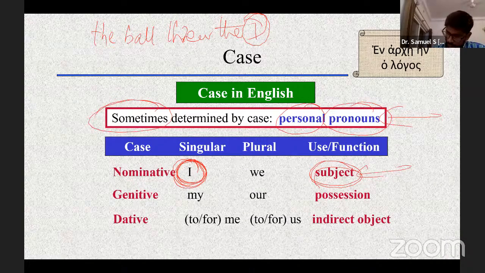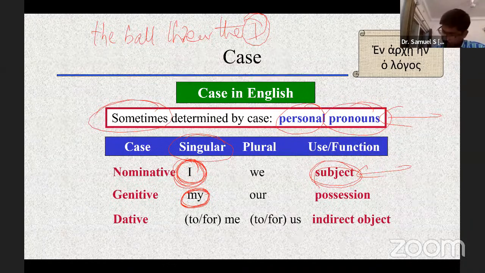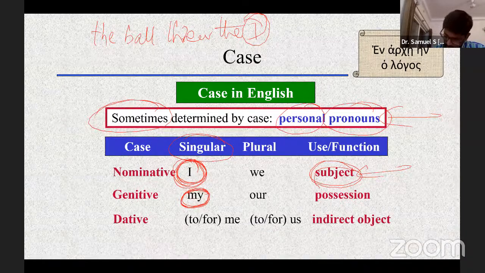This word my in the singular, another personal pronoun, defines that this noun is showing possession. So for example, I lost the screen here. Back, okay.